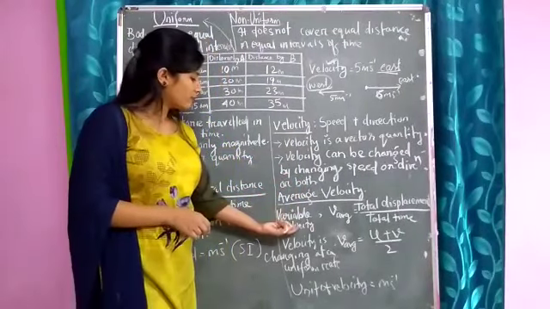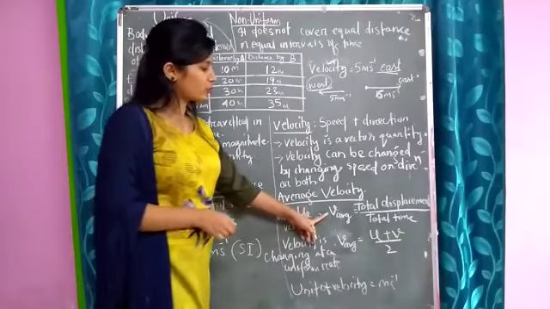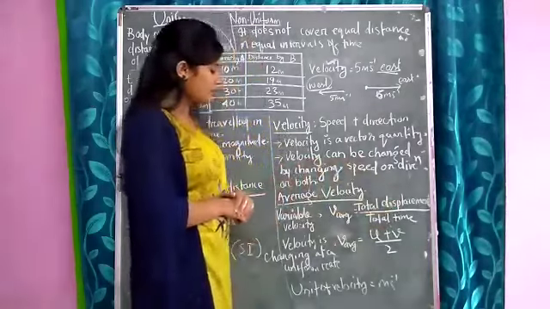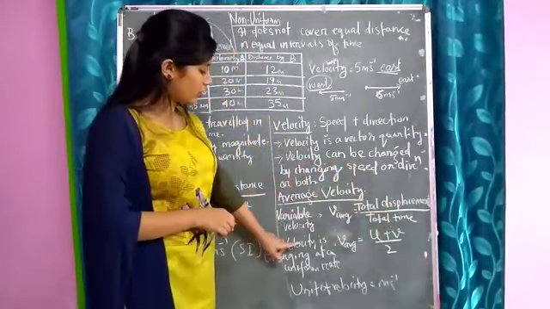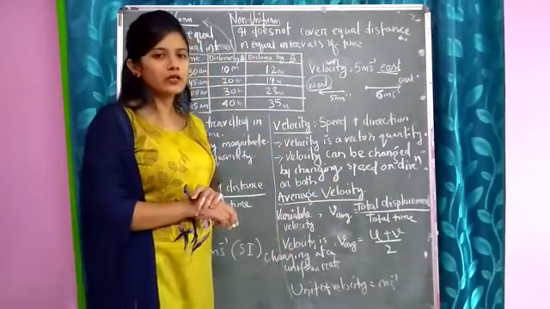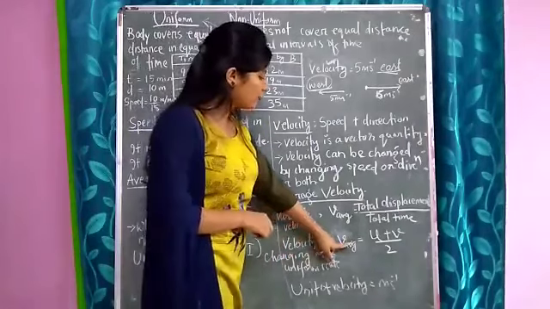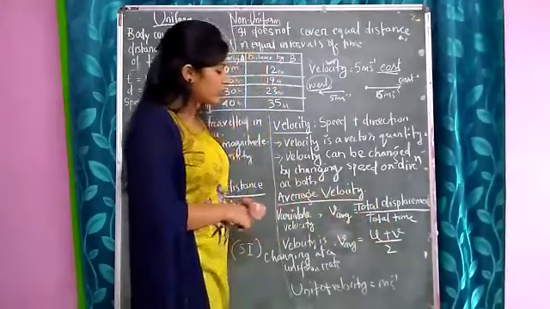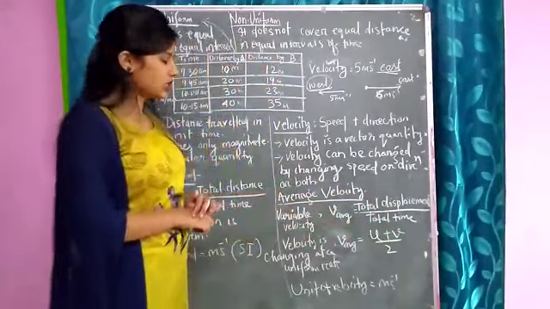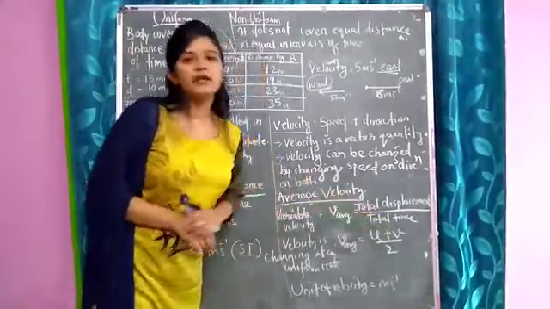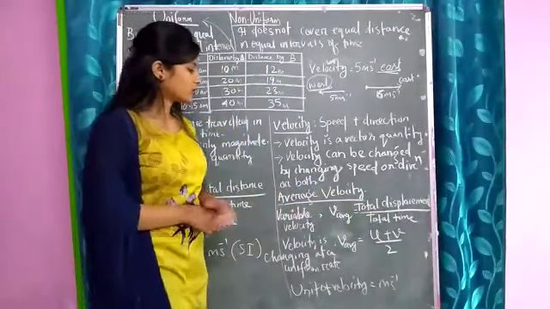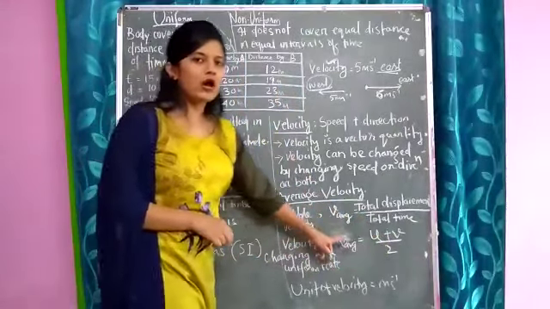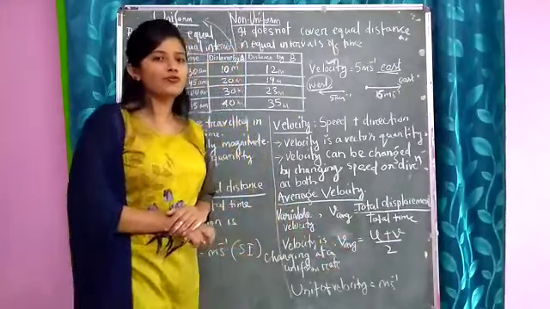For variable velocity, we have the formula total displacement by total time, and if the velocity is changing at a uniform rate, then we have the formula V average equals (U plus V) by 2, where U is the initial velocity and V is the final velocity of the body. The sum of these two divided by 2 gives the average velocity.